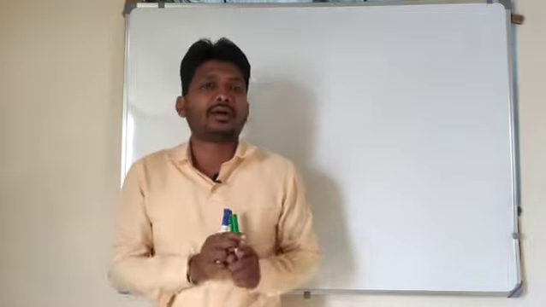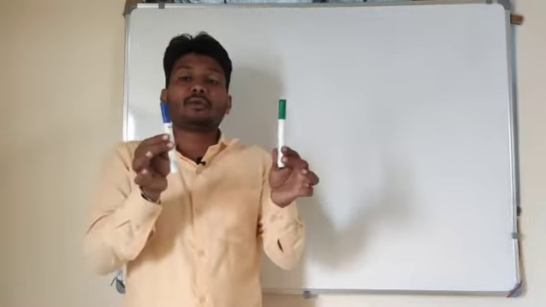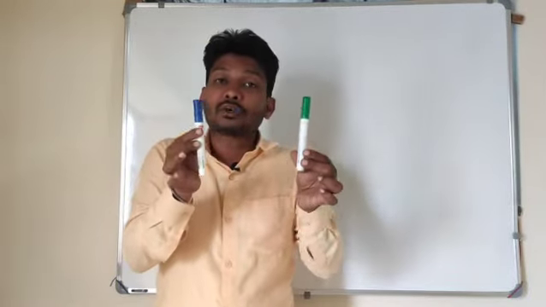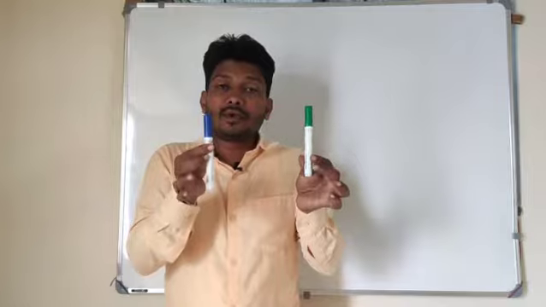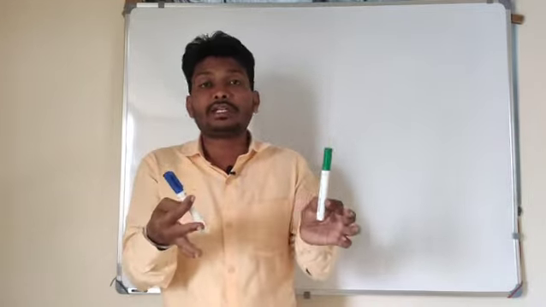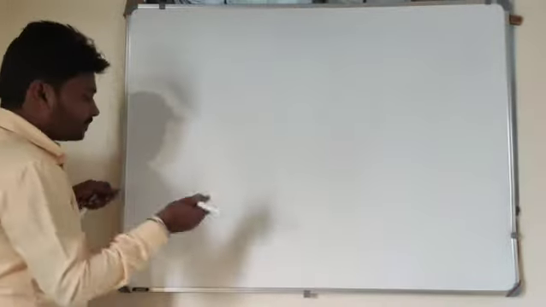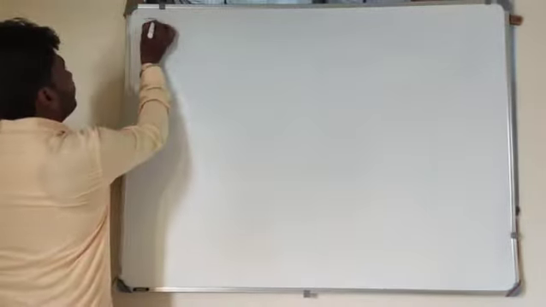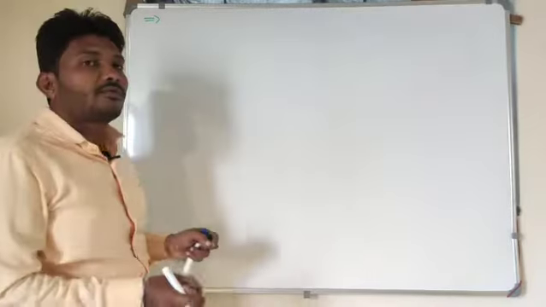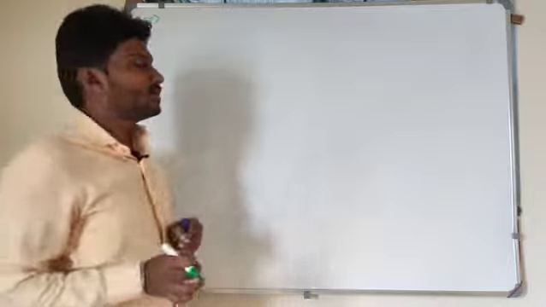I have to find whether there exists an attractive force or repulsive force between these two wires when the current is flowing in the same direction or in the opposite direction. For that purpose we will derive an expression for the force between two parallel wires by using Ampere circuital law.